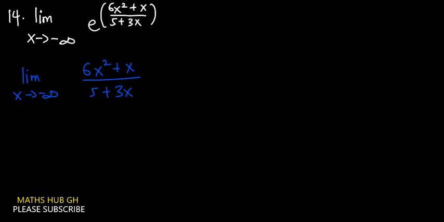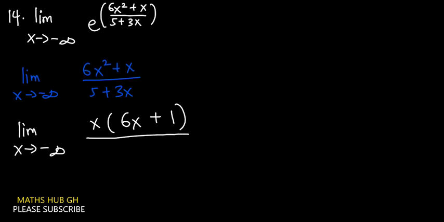For the numerator, we are going to have x bracket open 6x plus 1, and for the denominator, we are going to have x into bracket 5 over x plus 3. So this x and this x will cancel out.